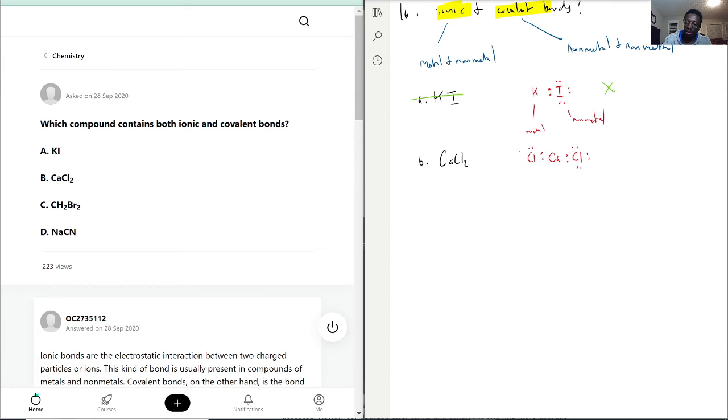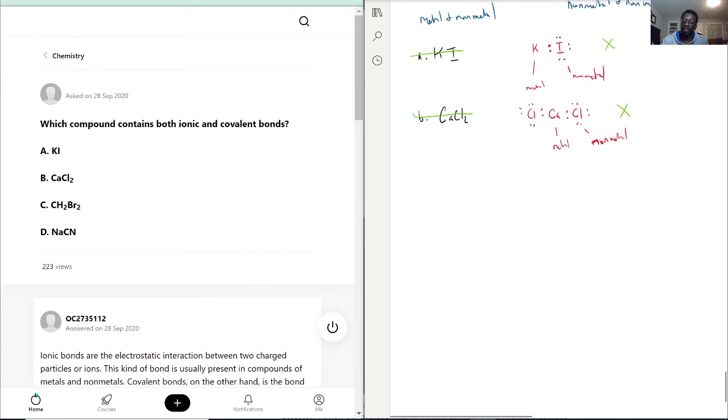Because of this, we can see that calcium is the metal, chlorine is a non-metal. From this, we can say it has an ionic bond, but with covalent bonds, the chlorines are not attached to each other. Because they aren't bonded to each other, there is no covalent bond here, so B cannot be it.